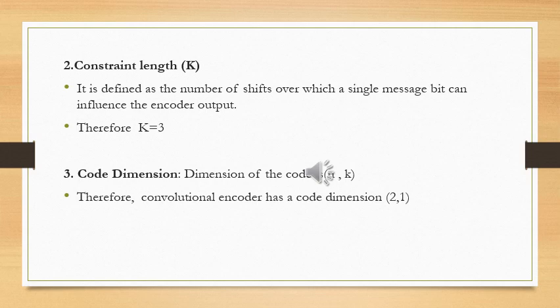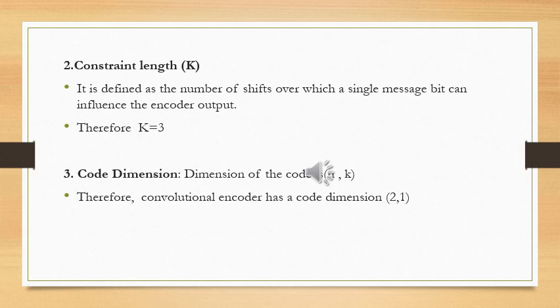The third term is code dimension. That is the dimension of the code given by (n, k). We know that n is the number of encoded bits per message bits and k represents the number of message bits taken at a time by the encoder.